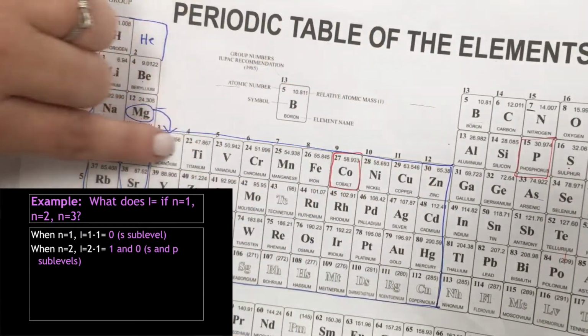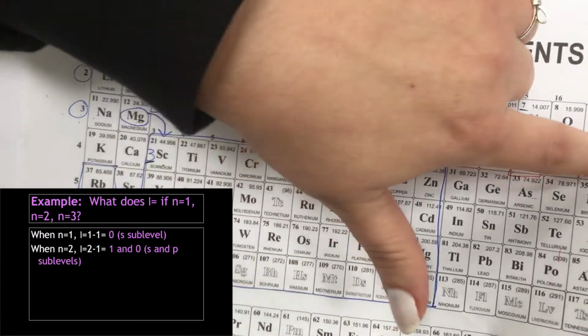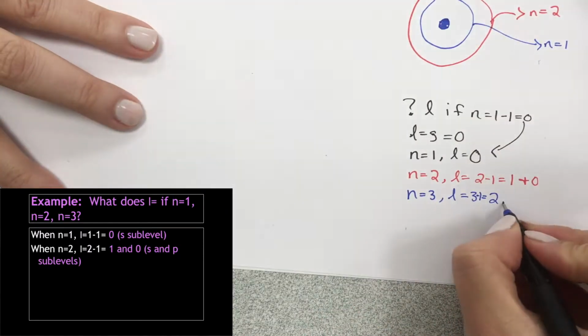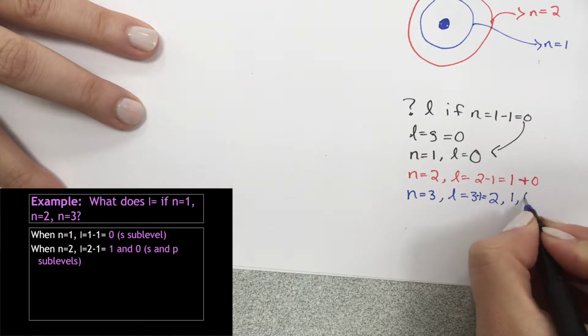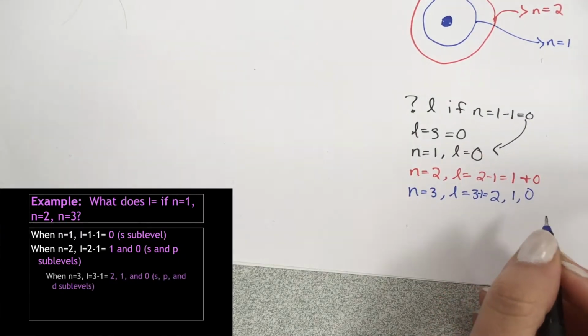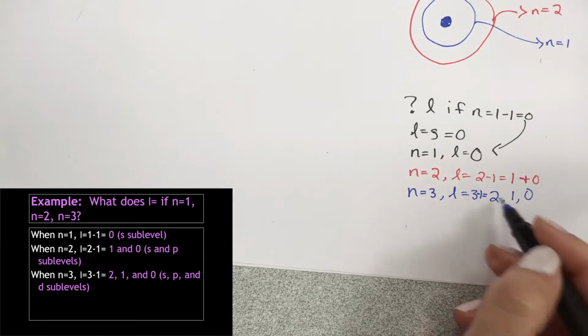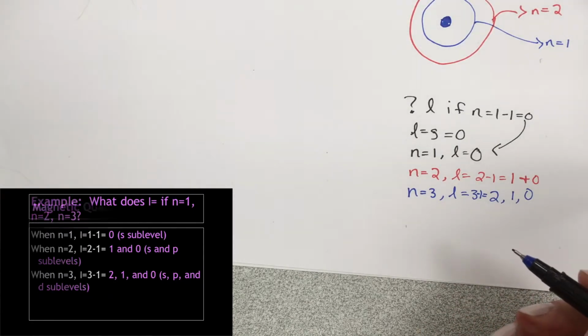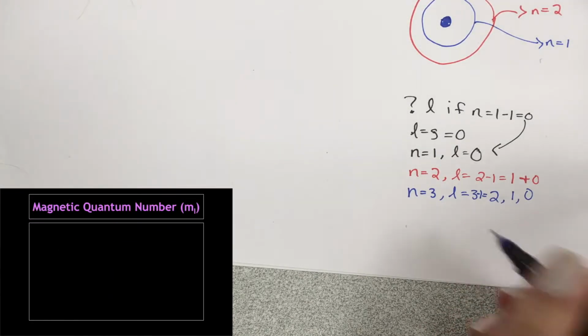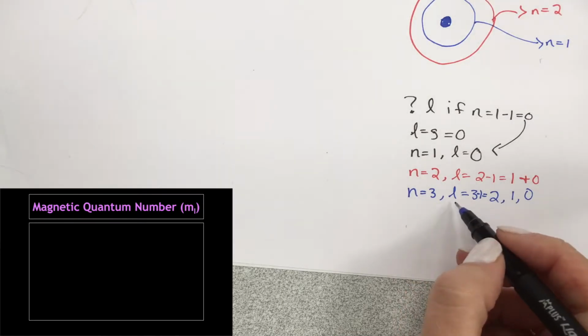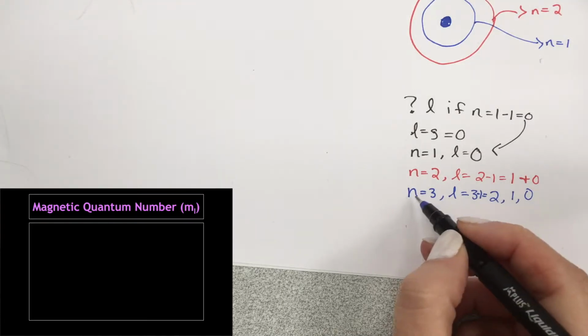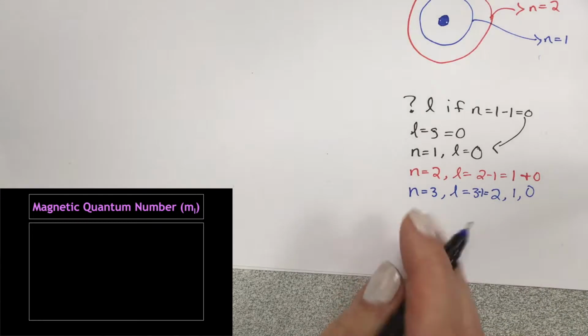In order to have D, you must have filled a P and an S. So you will have a 2, a 1, and a 0. You'll have S, P, and D orbital sublevels. So that's easy. L will equal whatever n minus 1 is.